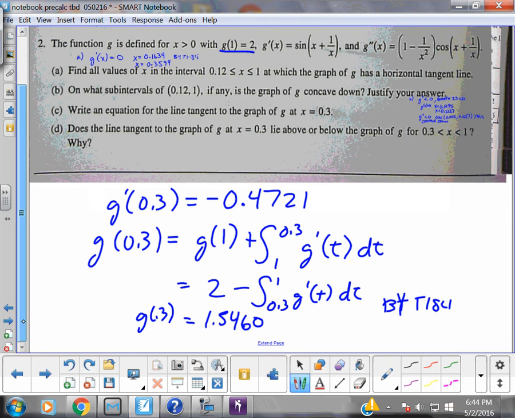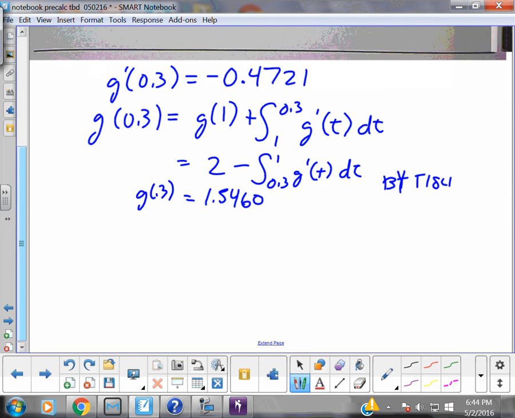So for the equation of the tangent line, I would do point slope form. Personally, I would go y minus 1.5460 equals negative 0.4721 times x minus 0.3. If I want y equals, I would stop here.